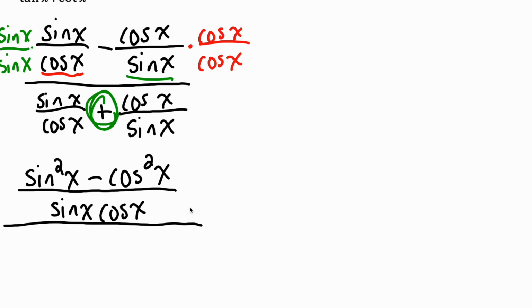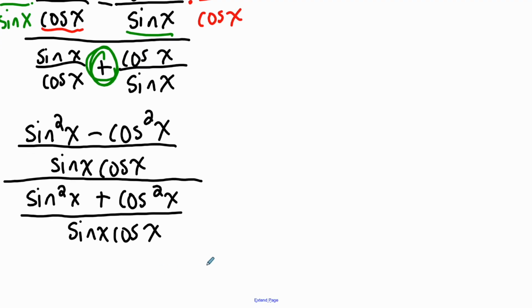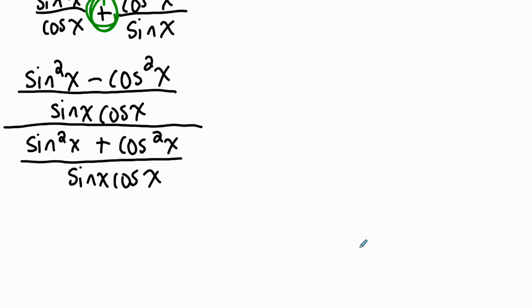And again, I have the same thing on the denominator. I'm not going to go through and redo this whole thing. It's the same thing, only difference is a plus instead of a minus, which is awesome because in one step I'll show you why. Maybe you already see it, but if not, you'll see it here in a step or two. All right, let me extend this down here a little bit.